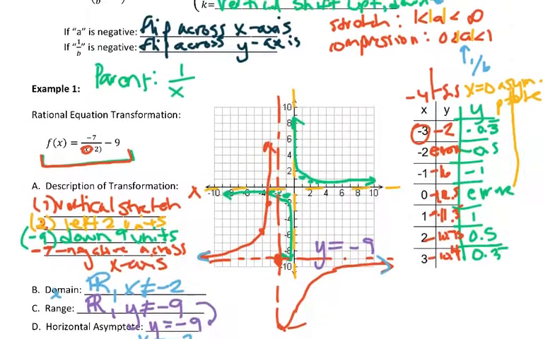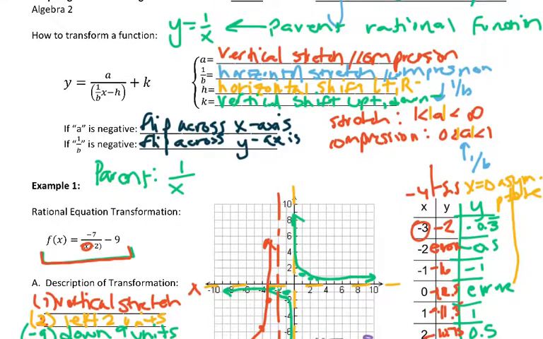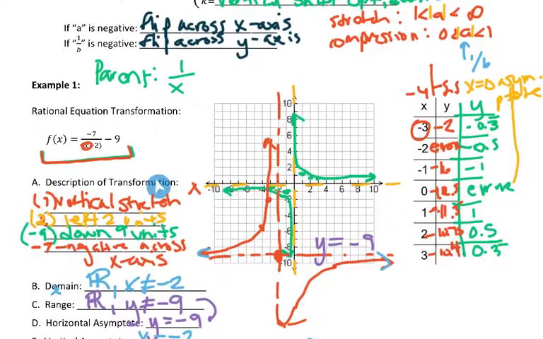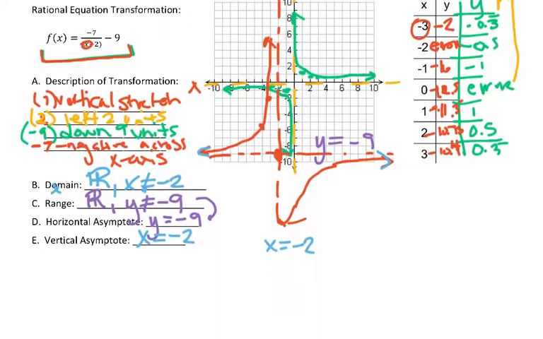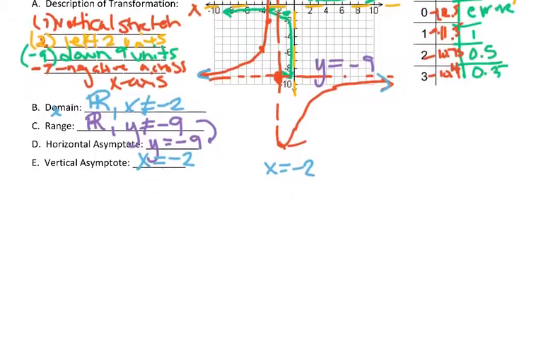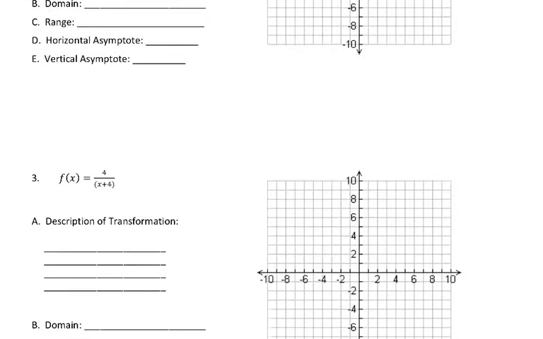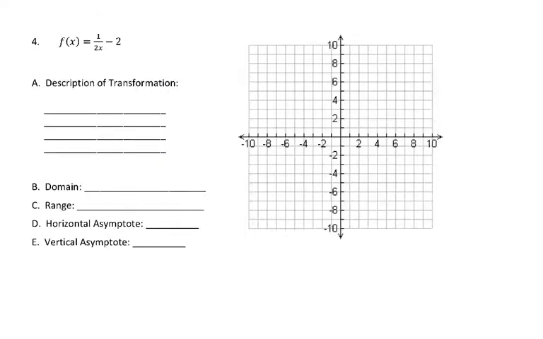Alright, so what you're going to be expected to do is identify the fact that this is our parent function, and through each of these pieces, the a, the b, the h, the k, what happens to the original equation in green here that used to be at 0, 0, and now is probably going to be shifted up or down or left or right. So, on your assignment here, you can see that we've got the original parent function and then a plus 4, the original parent function with a few other 4's involved.